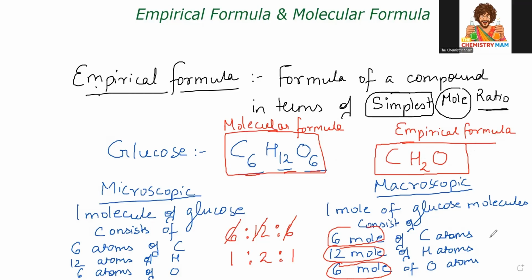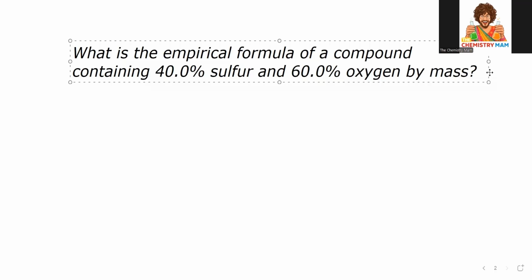To understand it further, let's solve a question based on empirical formula. Okay, so now to understand empirical formula better, we have this question in front of us which says, what is the empirical formula of the compound containing 40% sulfur, 60% oxygen by mass?